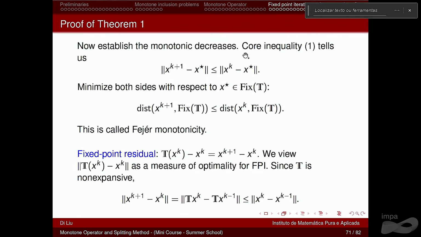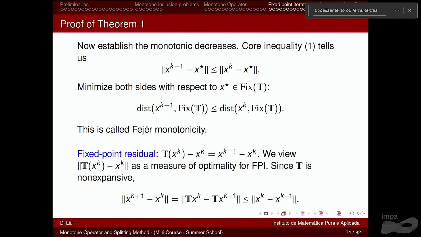Maybe it decreases, but at least it does not increase. We minimize both sides of this inequality with respect to x star, because x star can be an arbitrary fixed point of the operator. So we get that the distance from x_{k+1} to the fixed point set is less than the distance from xk to the fixed point set. Such a property is called Fejér monotonicity, but we will not discuss this definition too much here.